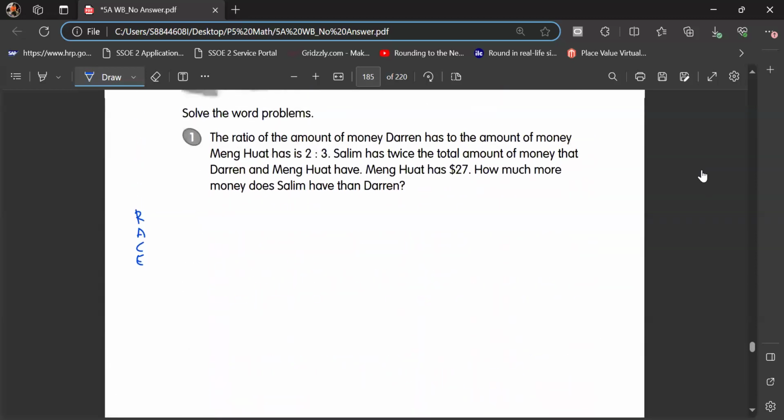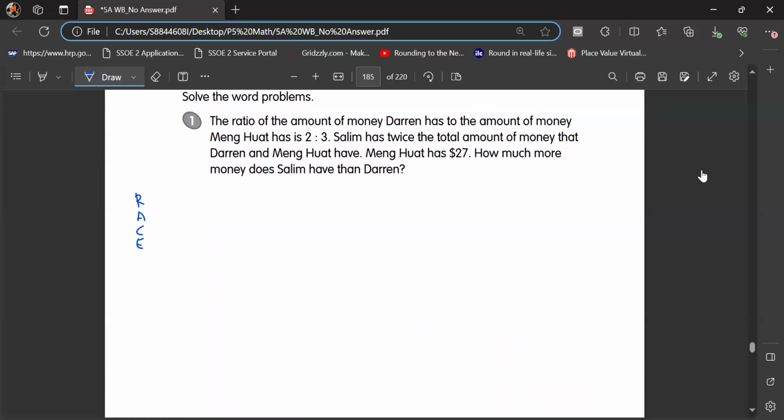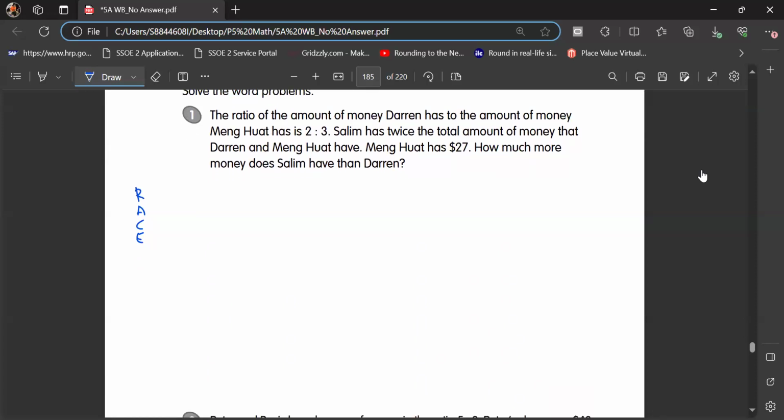So for this question, it says here, the ratio of the amount of money Darren has to the amount of money Ming Huat has is 2:3. Then suddenly there's Salim already. Suddenly there's this other person. So that's the part that's confusing. I'm going to write down D, M, and then Salim.